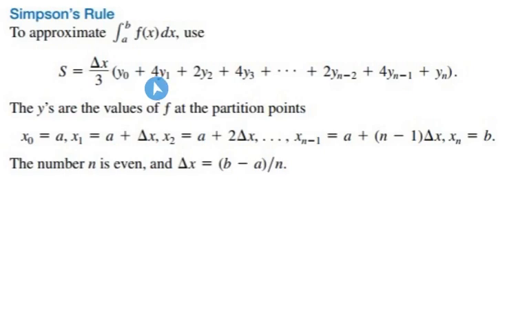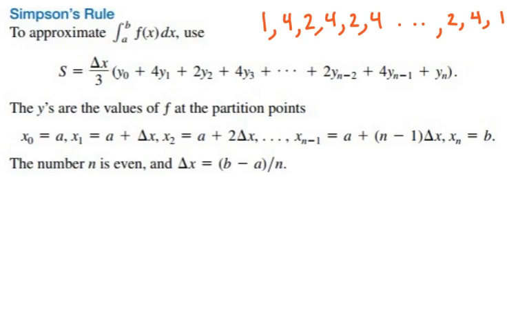So we'll start with 4 of my y sub 1 plus 2 of the y sub 2 plus 4 of the y sub 3. And that is why this has to be even, otherwise that pattern can't be achieved. So those coefficients are always going to show up 1, and then we'd have 4, 2, 4, 2, 4, etc., ending with some 2, 4, 1. So it's symmetric.